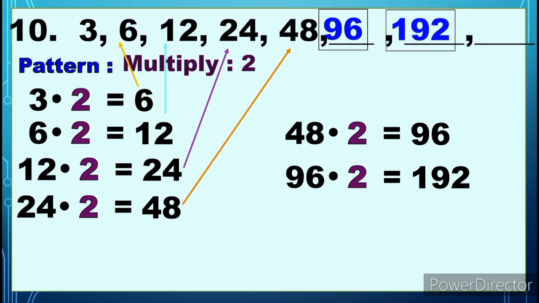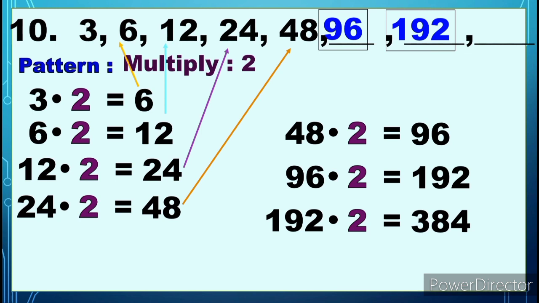The next term is 192. Then, 192 times the pattern 2 equals 384. So, the next term is 384. Therefore, the next three terms of the given sequence are 96, 192, and 384.